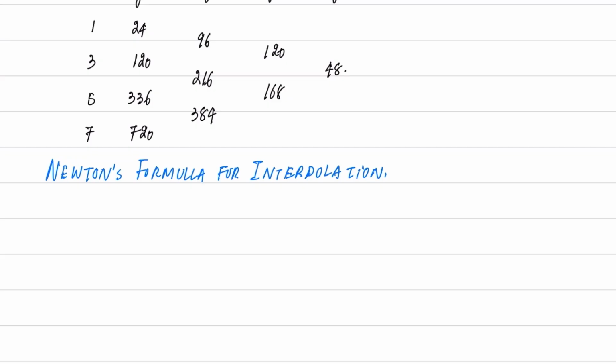So we will actually have two Newton's formulas, one based on the backward differences and one based on the forward differences. So now let (x0, y0), (x1, y1), and so on, (xn, yn) be given.